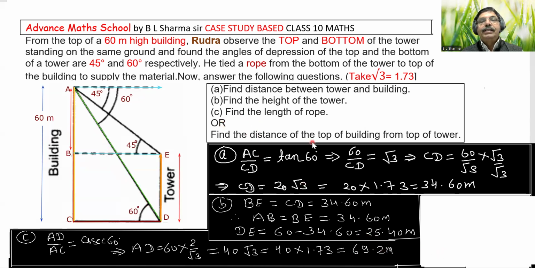And now this part, find the distance of the top of the building from the top of the tower. That is the top of the building, this is the top of the tower. Again, we know that AB upon AE is equal to sine 45. We know AB is given, that is 34.60 meters.